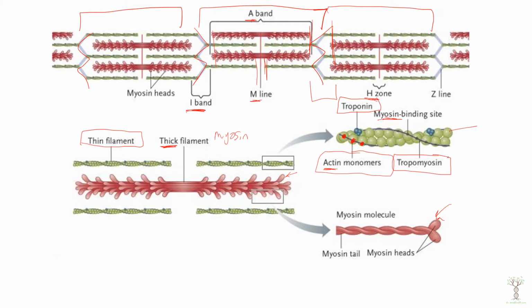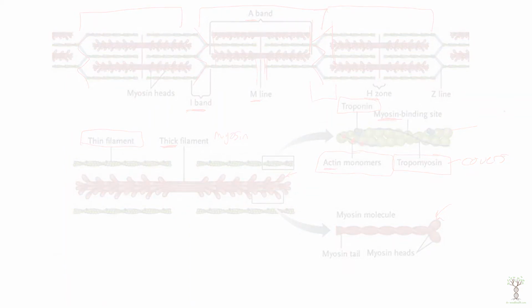Now, the tropomyosin covers that up when muscles are not contracting. So when the tropomyosin is blocking these myosin binding sites, the muscle cannot contract. So how do we move that tropomyosin so that the myosin binding sites are available? Okay, now the troponin is going to come into it.